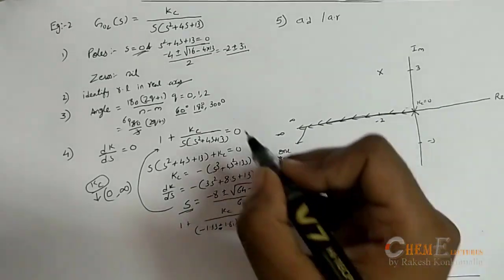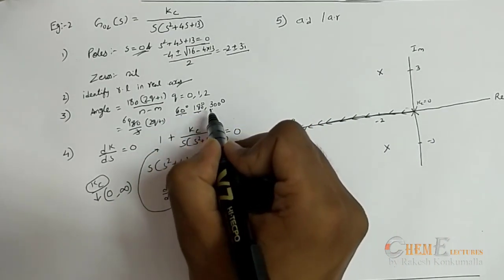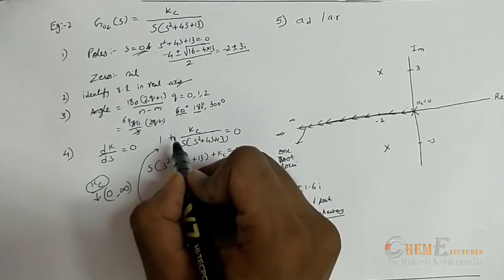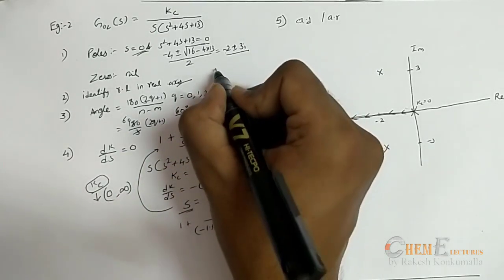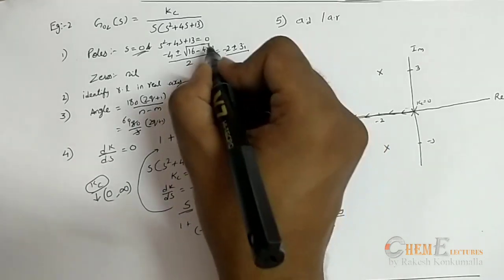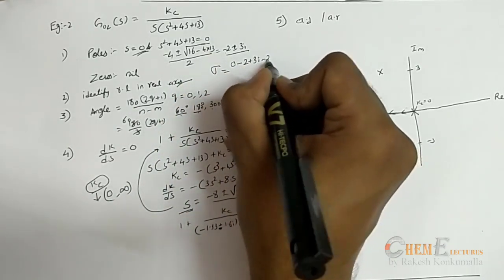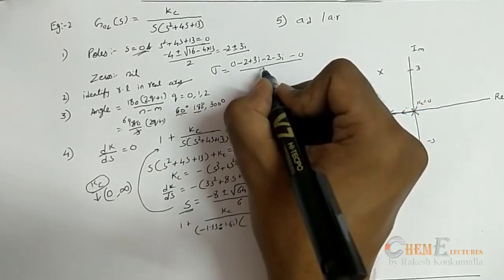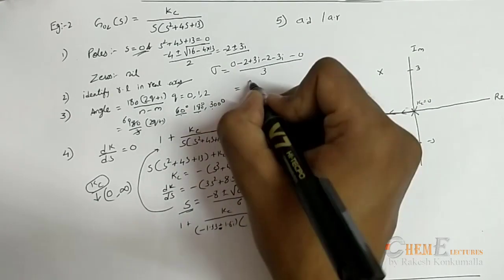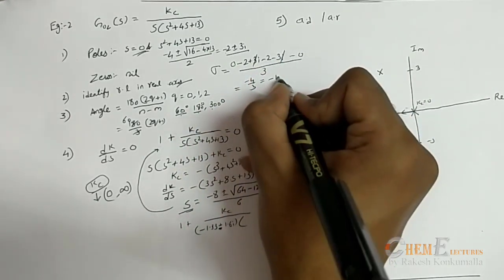Then I need to draw the angles 60, 180 and 300 asymptotes from the centroid. Now here I need to find the centroid, that sigma is equal to the total sum of poles 0 minus 2 plus 3i minus 2 minus 3i minus the sum of zeros divided by n minus m, that will be 3, which is equal to minus 4 by 3, that is minus 1.33.